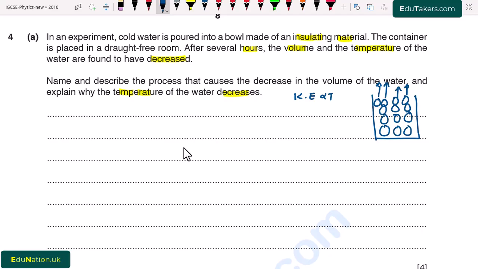I write here, there will be evaporation. And in the evaporation, molecules with high energy escape from the surface of the liquid.